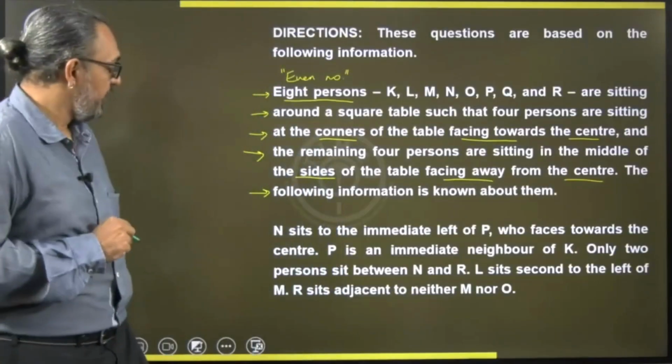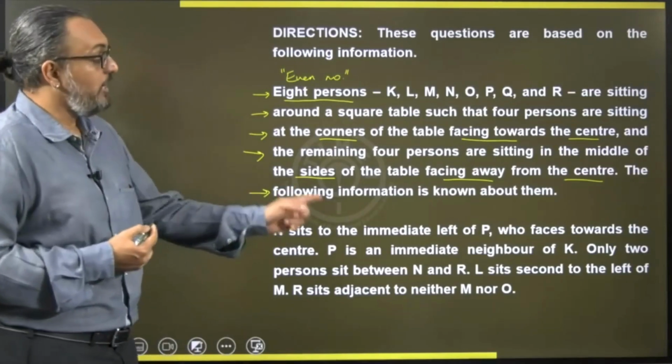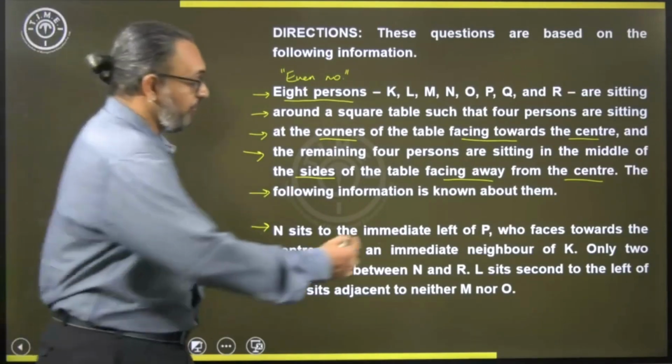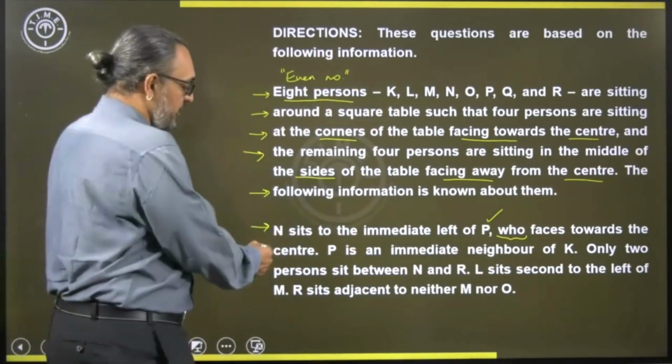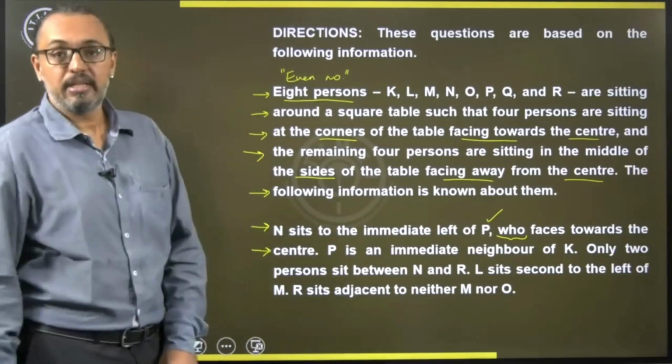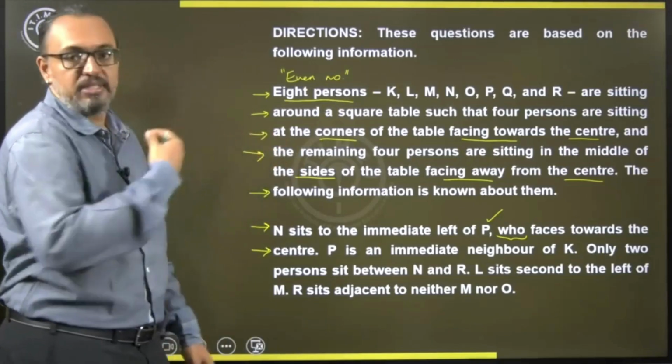Now, the first condition is N sits to the immediate left of P, who faces towards the center. So P compulsorily should face the center, because whenever you have the word who, it refers to the person just before.